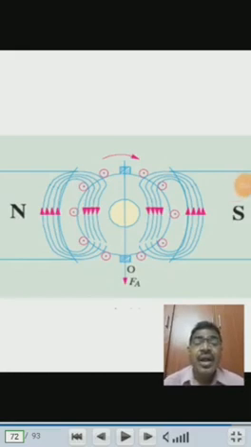In this diagram, the field magnets are not excited, only the armature is excited. So it is like the load is connected to the armature, then the current will be flowing. If the current is flowing through the armature, then it sets up its own flux. That alone is shown in this diagram. Here the conductors under the influence of north pole produce magnetic flux in one direction, and the conductors under the influence of south pole produce another flux.